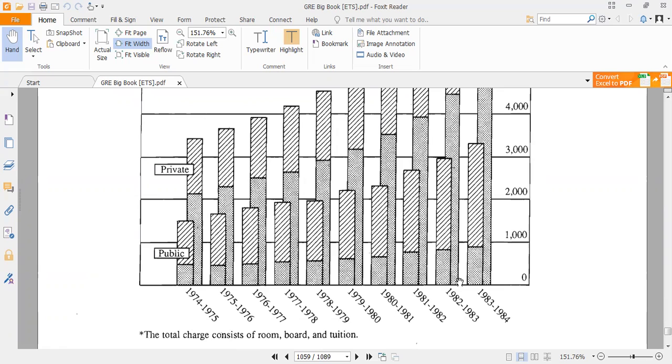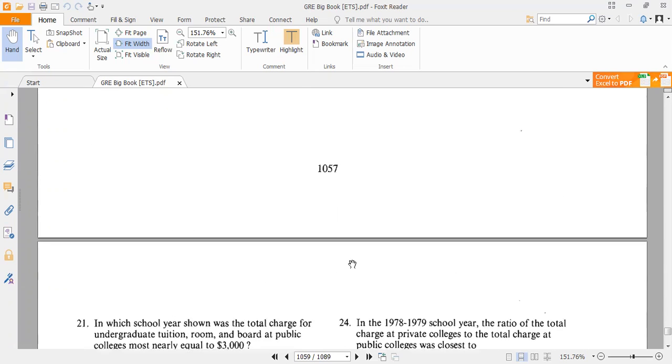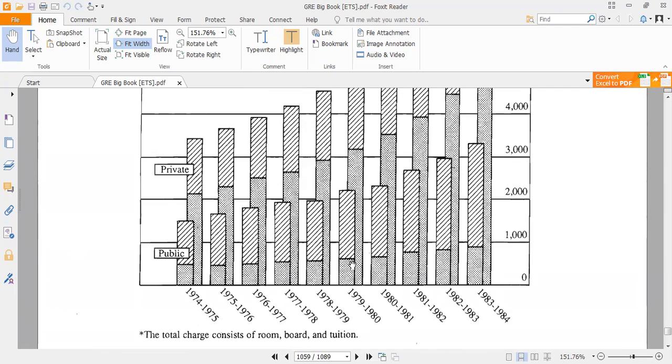Now, let's look at the graph. What does it say? Okay, nearly 2000.